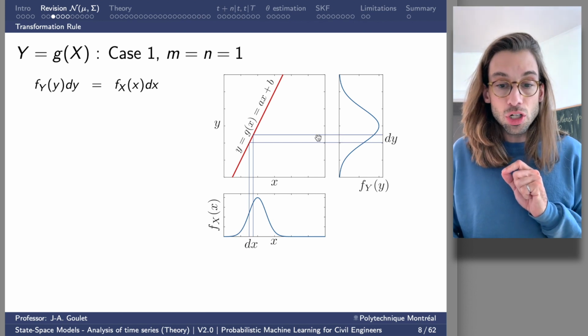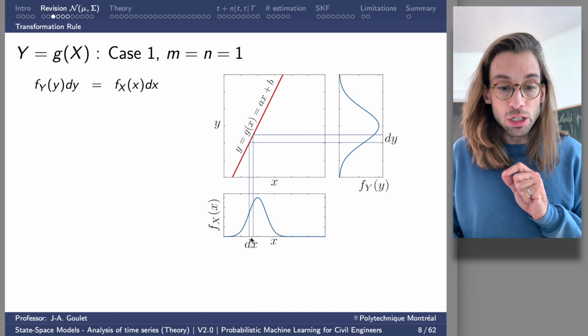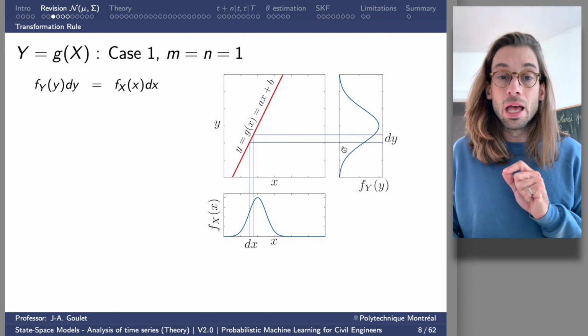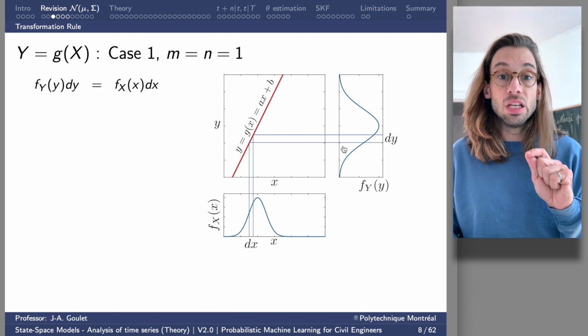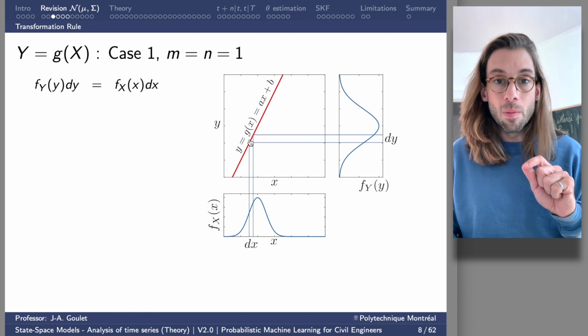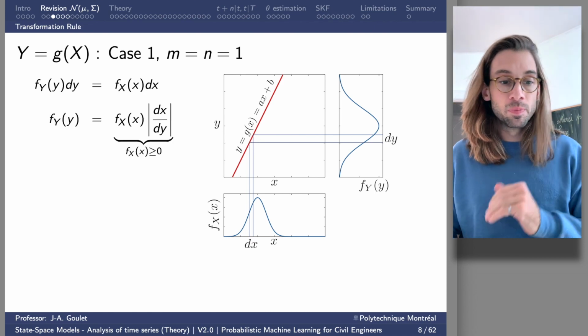There's a change in the size of my neighborhood from dx to dy, and this change is controlled by my function.